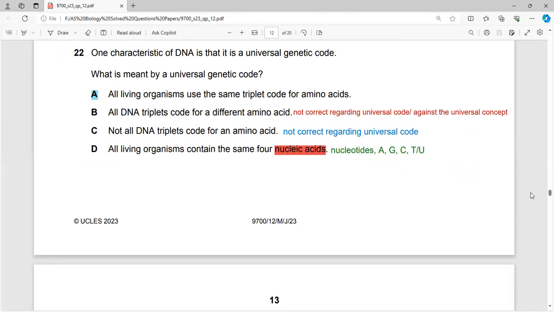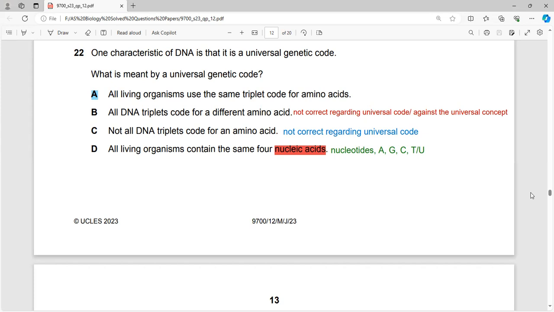One characteristic of DNA is that it has a universal genetic code. So what's meant by universal genetic code? All living organisms use the same triplet code for amino acids. We have 20 different types of amino acids, which are naturally present throughout living organisms.